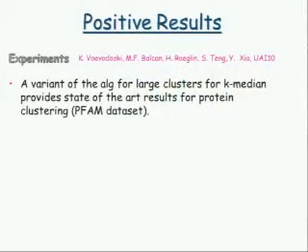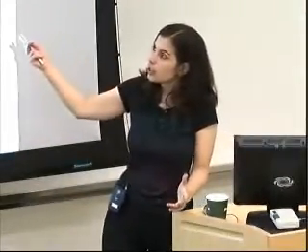Okay, so these are examples of positive theoretical results, and I should also point out that in a recent paper, we implemented the algorithm for large clusters for the k-median objective, and it turns out that this algorithm, or a variant of it, provides state-of-the-art results for protein clustering. So this algorithm seems to be useful.